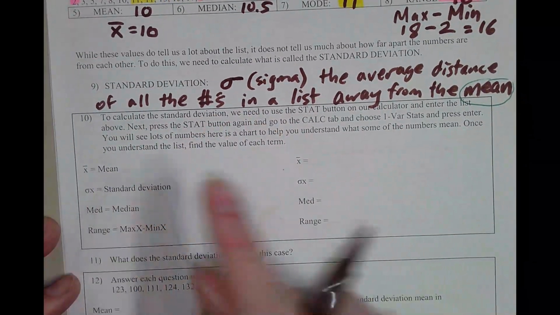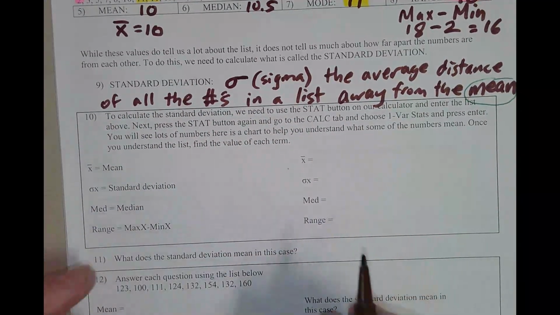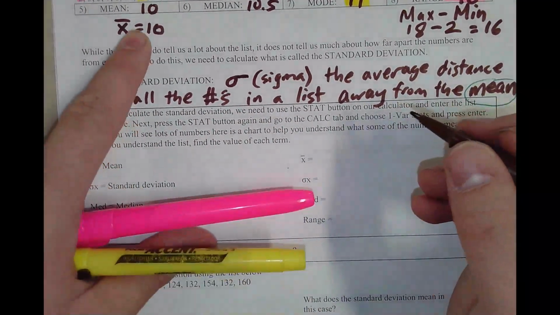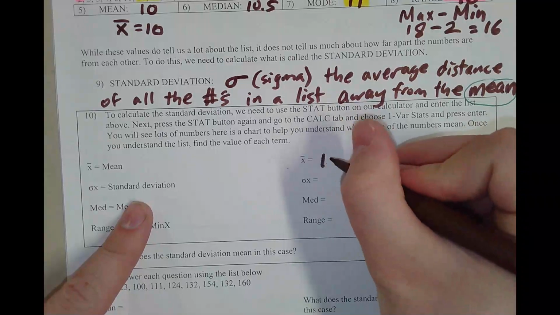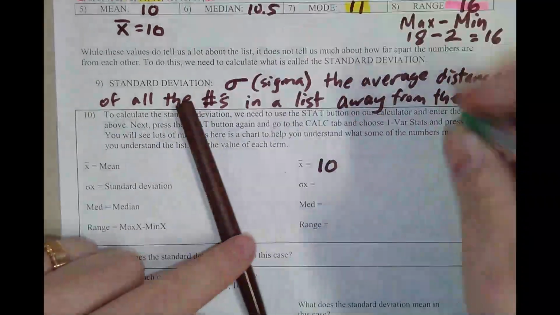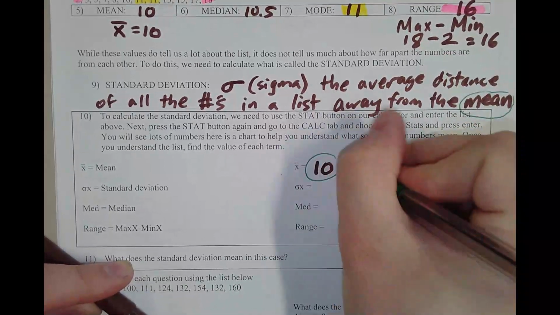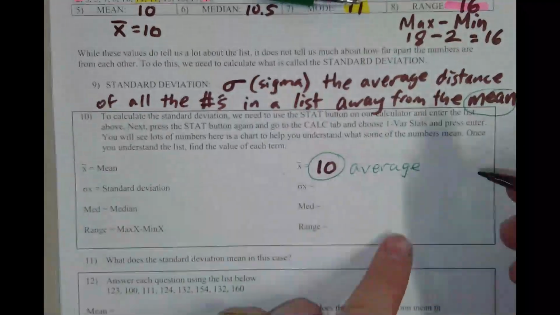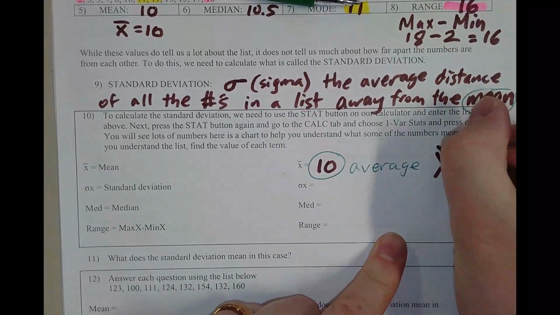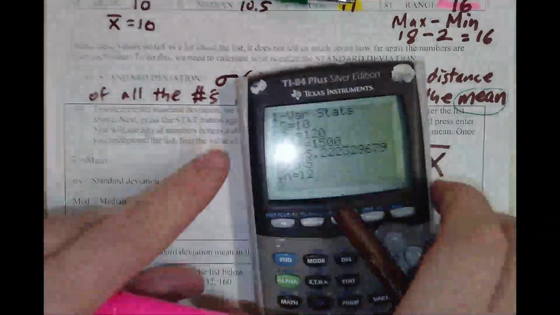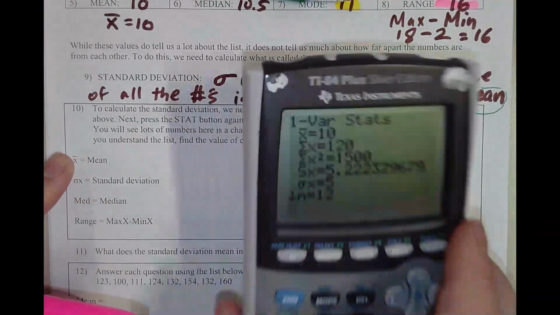So x bar is the mean. Remember, our mean in this situation was 10. That was the average. 10. X bar. I'll write it really big so we can see it. X bar is the first number that shows up in our list.